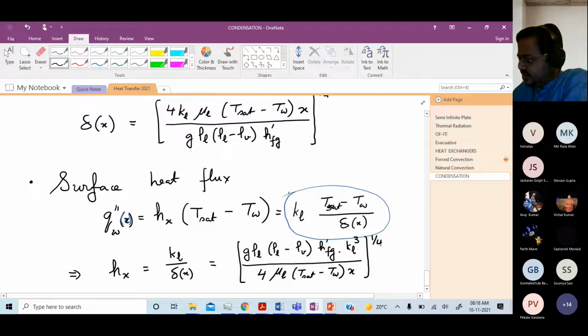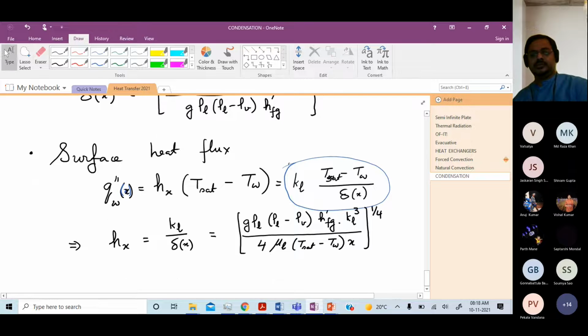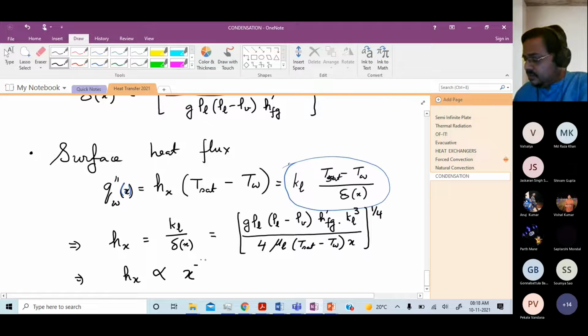This whole thing to the power 1/4. Okay, which means that Hx is proportional to x to the power minus 1/4.